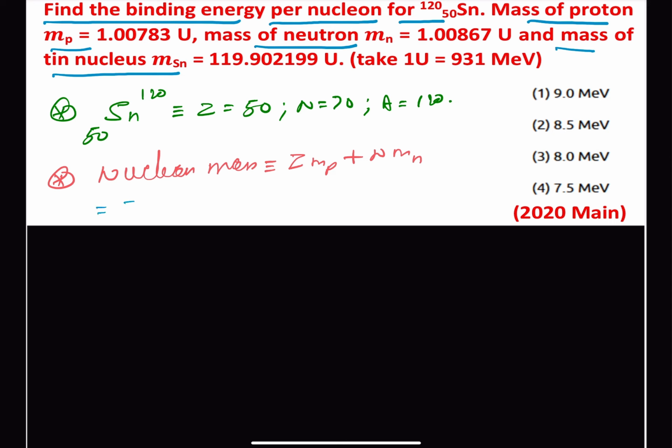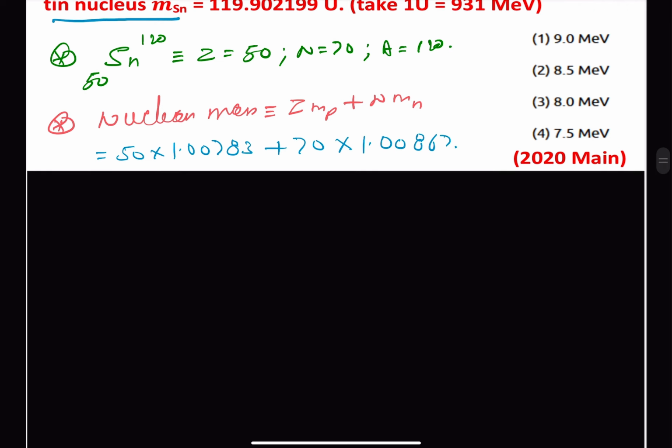Z is 50, mass of proton is given as 1.00783, plus N is 70, mass of neutron is 1.00867. And this comes as 120.9984 AMU. Now we can use our mass defect.